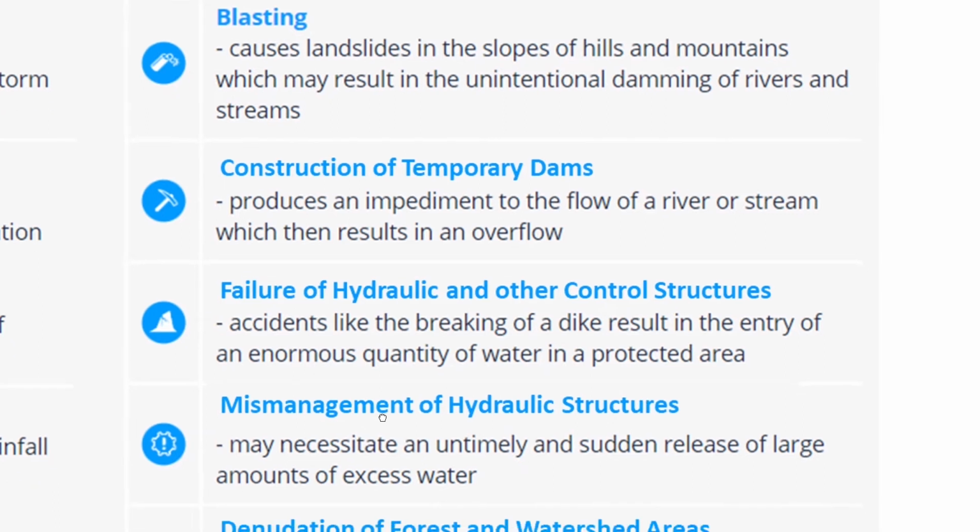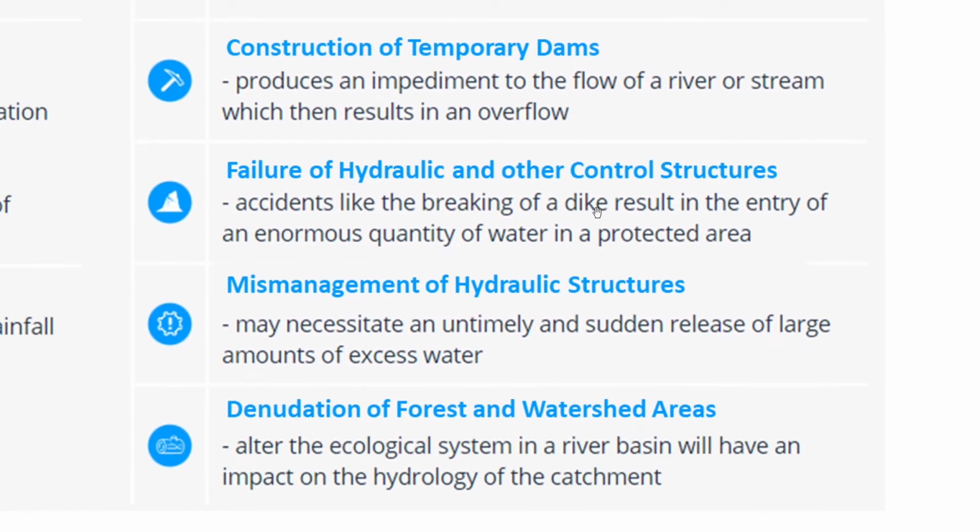Another artificial cause is a failure of hydraulic and other control structures. Accidents like the breaking of a dike may result in the entry of a huge amount of water in a protected area. Mismanagement of hydraulic structures, and lastly, the inundation of forests and watershed areas. Watershed areas naturally have a high amount of water.